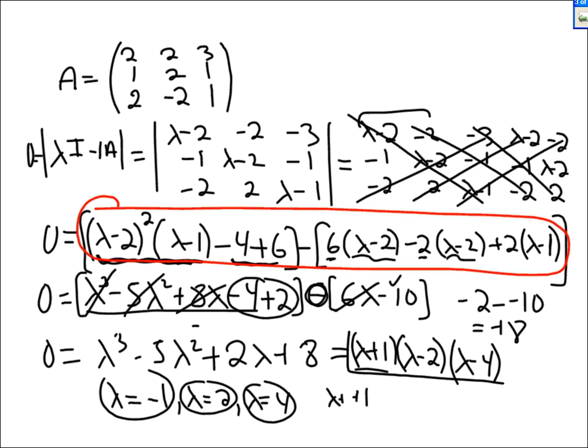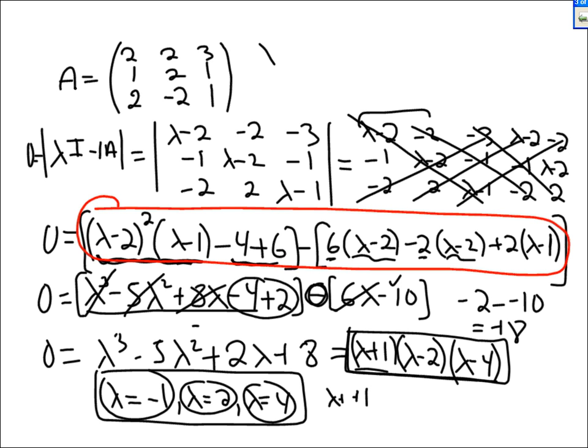This here is the characteristic polynomial. It's the value of the determinant that's in factored form. And here, unfortunately, we have 3 different eigenvalues. Lambda is equal to negative 1, lambda is equal to 2, and lambda is equal to 4.